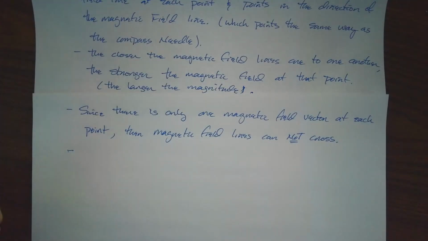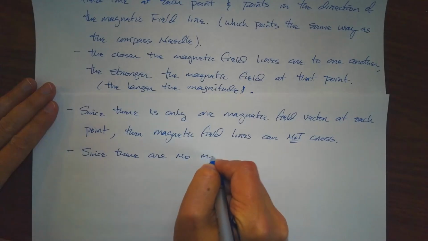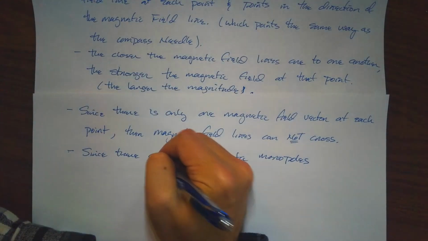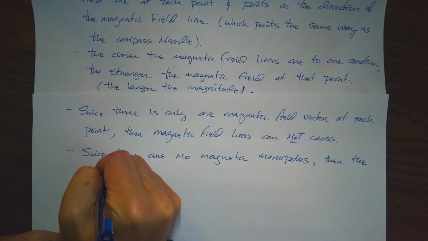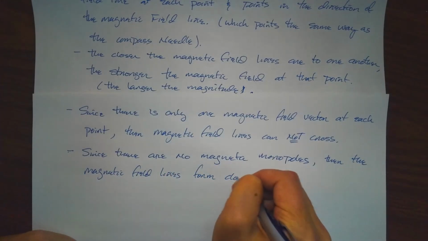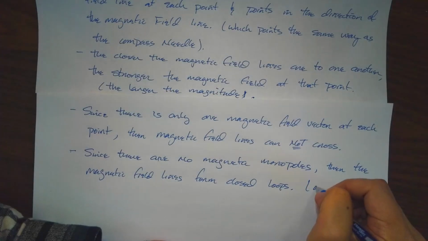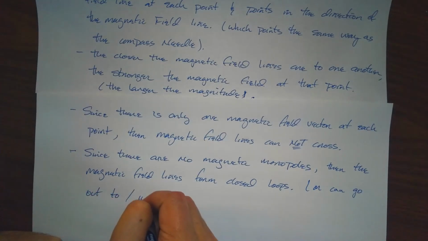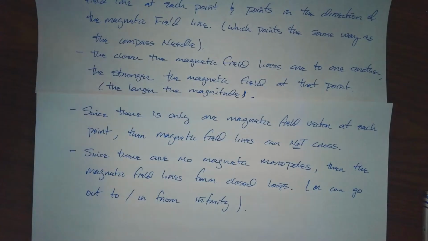And then the other thing that we have, now this will be different. Since there are no magnetic monopoles, since there aren't any magnetic quote-unquote charges, the magnetic field lines form closed loops, or you can have them go out to or come in from infinity.